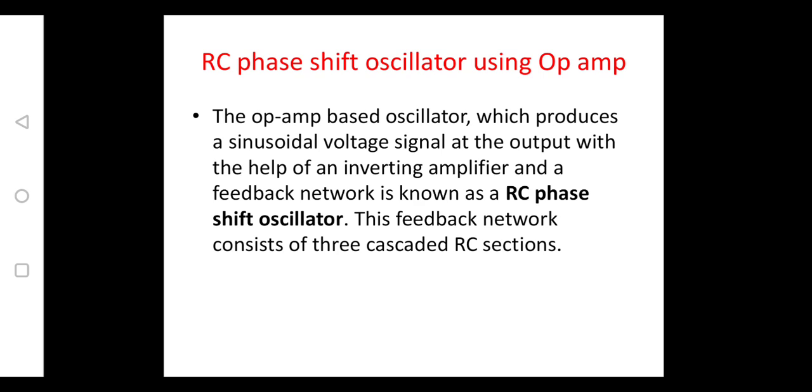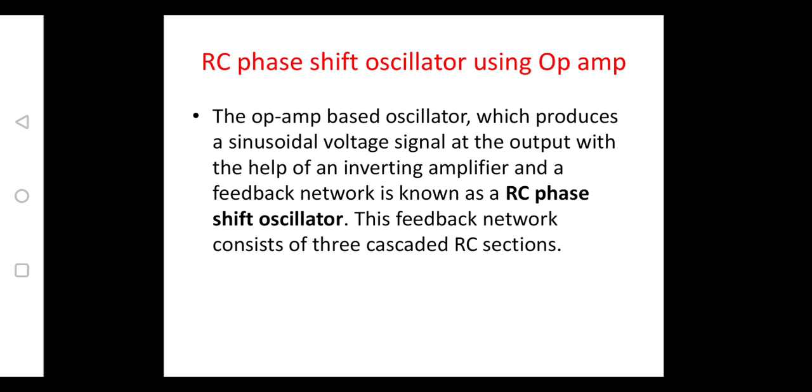The other 180 degrees of phase shift is generally given by a transistor, if we are designing an oscillator circuit without an op-amp. So the difference between an oscillator without an op-amp and with an op-amp is that the output will be a pure sine wave if it is designed with an op-amp.